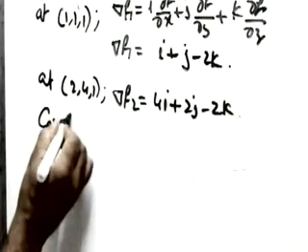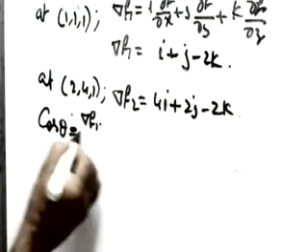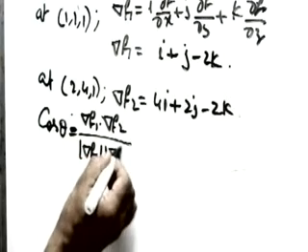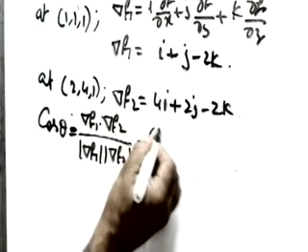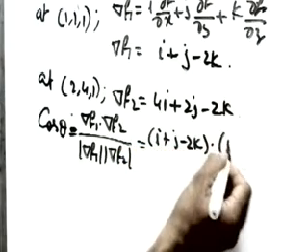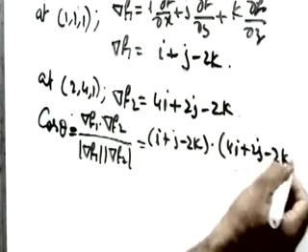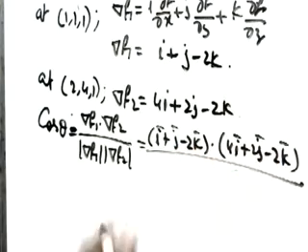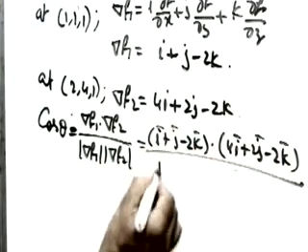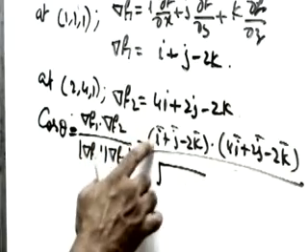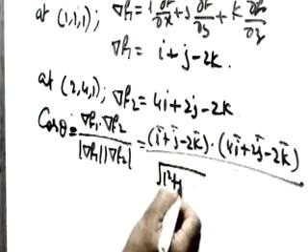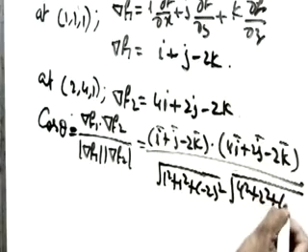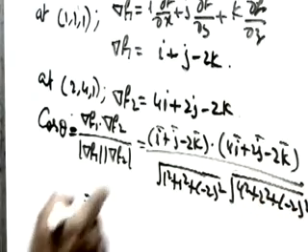Therefore, the angle formula we have to use: cos theta equals del f1 dot del f2 divided by mod of del f1 mod of del f2. So this is i plus j minus 2k dot 4i plus 2j minus 2k, divided by, actually you have to keep the arrows here, okay, in the exams you keep arrows on this, under root of mod del f1 square, means the coefficients squared, so 1 square plus 1 square plus (minus 2) square, and here also 4 square plus 2 square plus (minus 2) square.